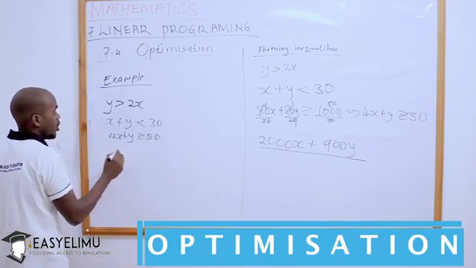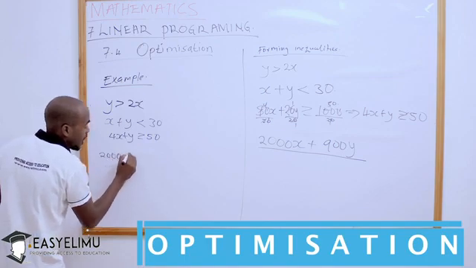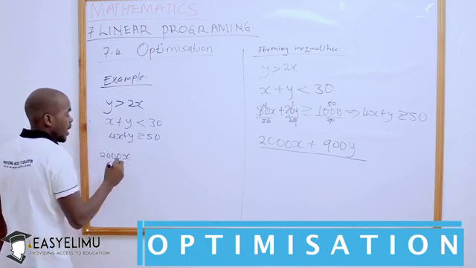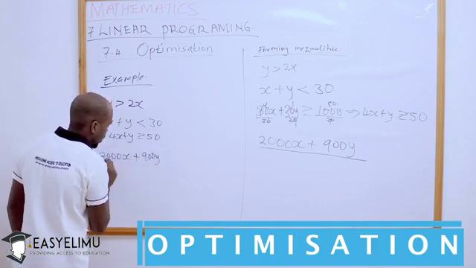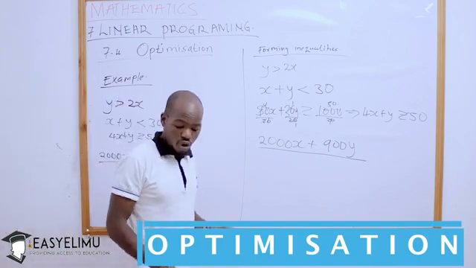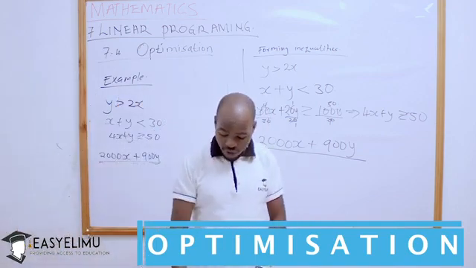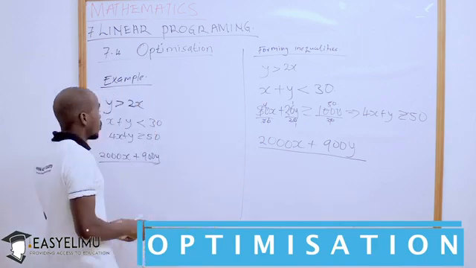And we have found an objective function, 2000x plus 900y. We shall see how we may use it to find the maximum or minimum expenditure that the contractor will make. For that, we now need to graph this.